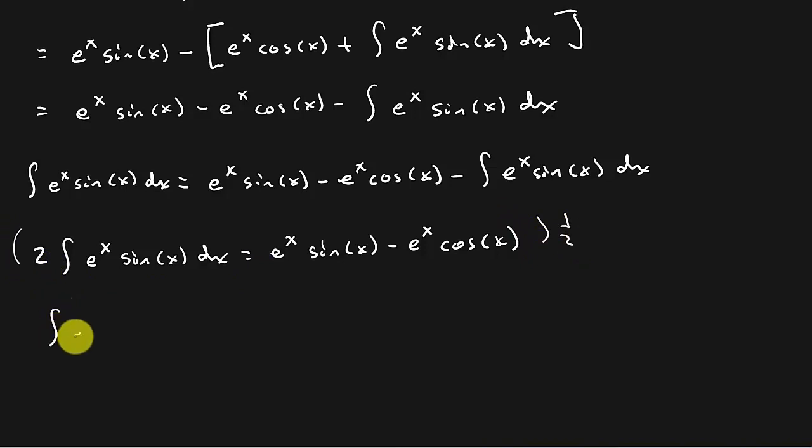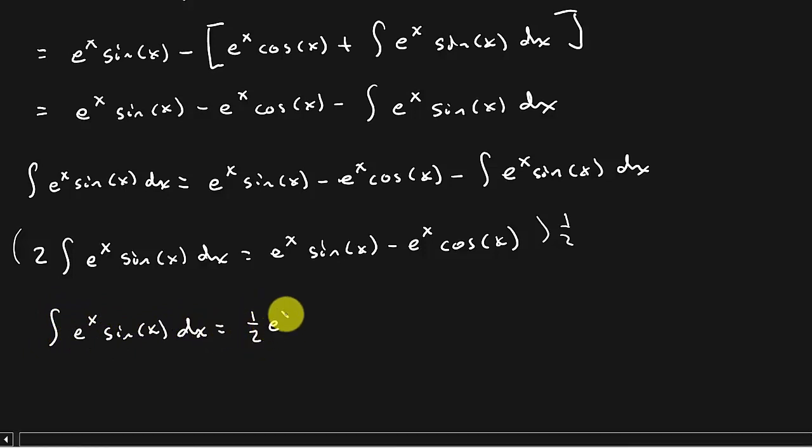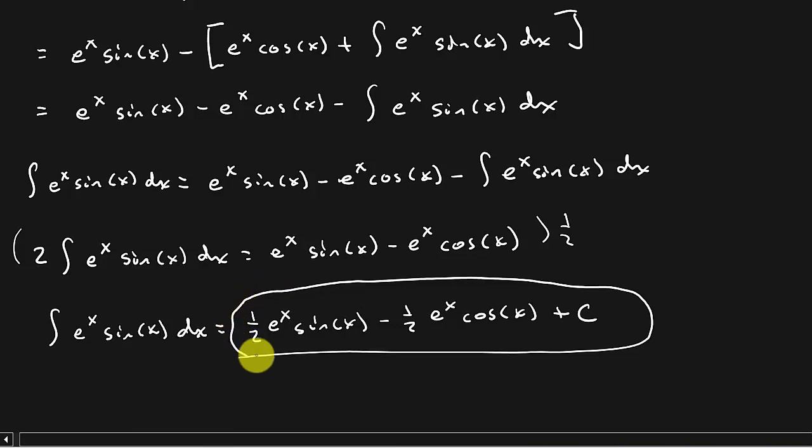So that's going to give me integral e to the x sine x dx equals 1/2 e to the x sine x minus 1/2 e to the x cosine x, and don't forget your plus c. And so this would be your answer here.